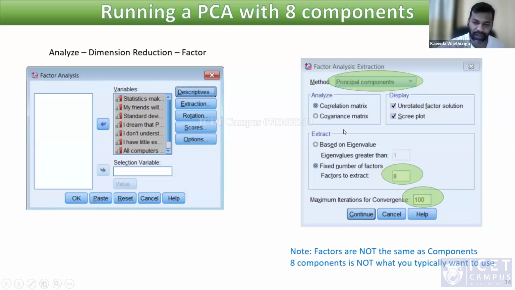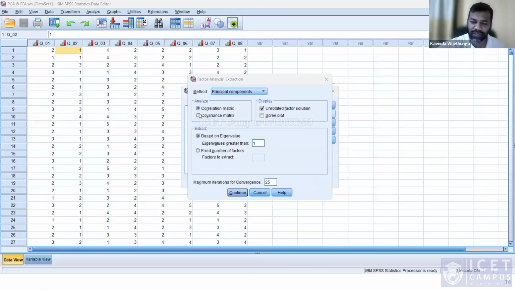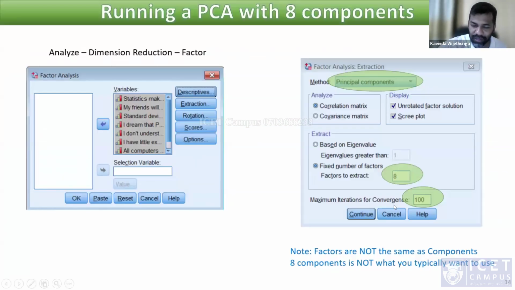So we have to extract a fixed number of factors, because we decide at the beginning. So we need 8 components there. Then maximum iterations for convergence. So we decide we have to rotate this 100 times, right? Then we'll see continue and okay.